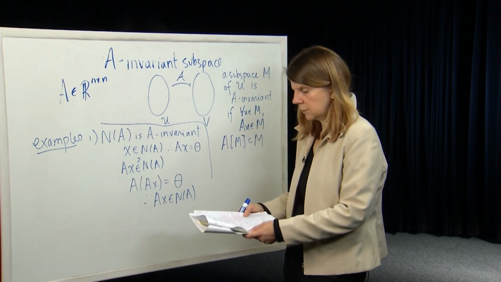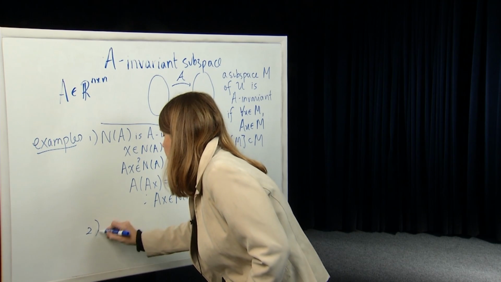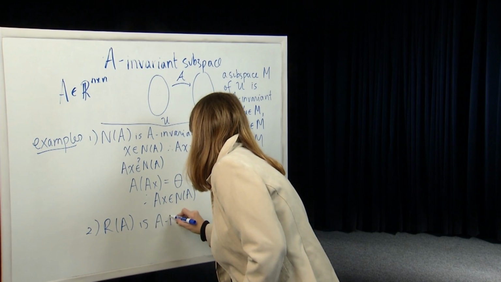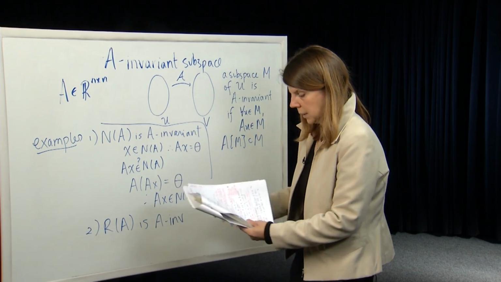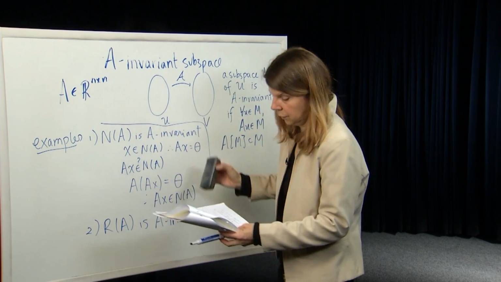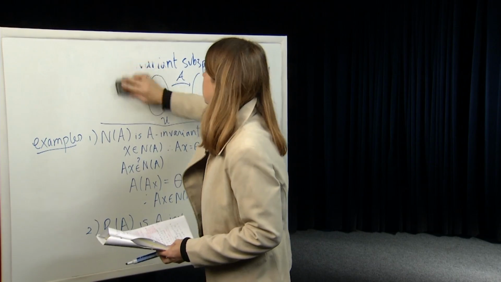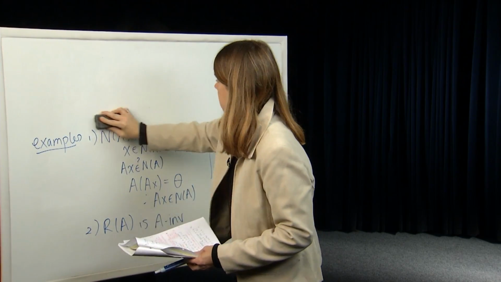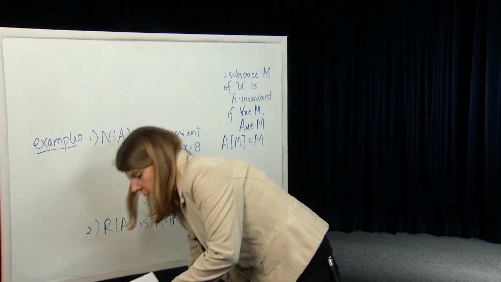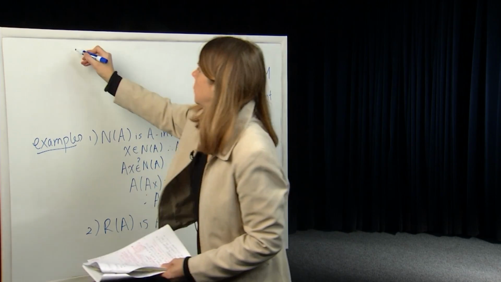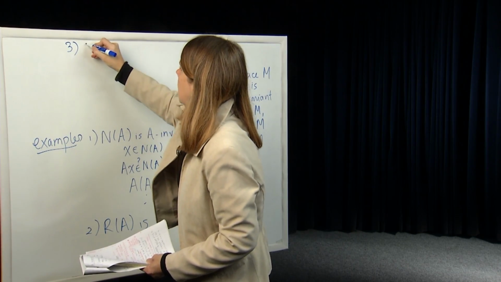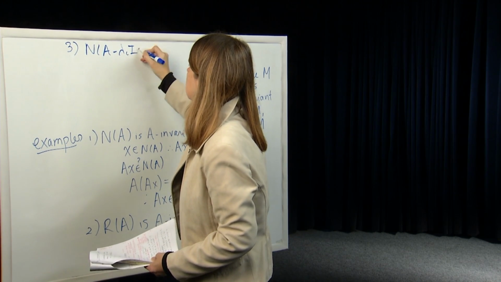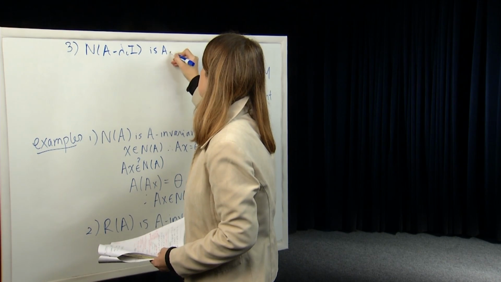So you can show all sorts of other things. You can show that the range of A is A-invariant. Let's continue our examples and write them down. That's example 2. Here's example 3: if lambda i is an eigenvalue of the matrix A, then the null space of A minus lambda i I is also A-invariant.